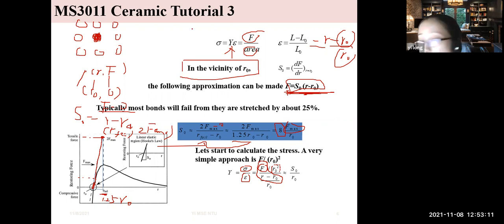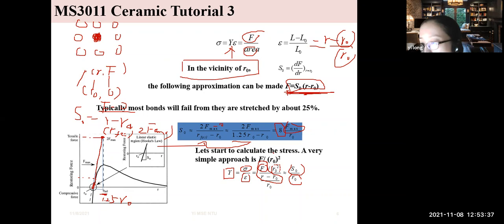Very good, Chopin, you're very quick with math. It's S naught, and R naught squared over R naught, so you have R naught here. That is all. You're happy, right? You have Young's modulus come out already. Now we're very close to the relationship between Young's modulus and the force.